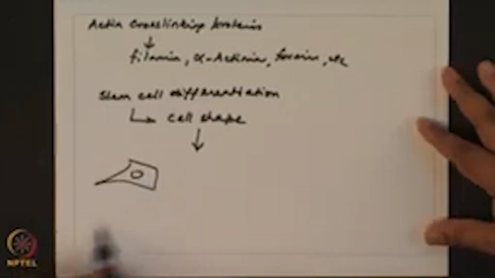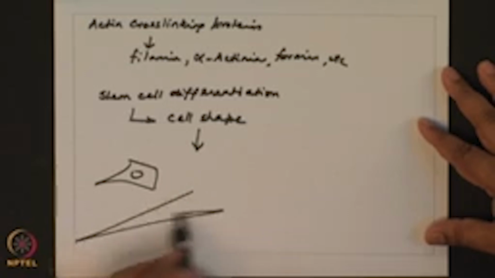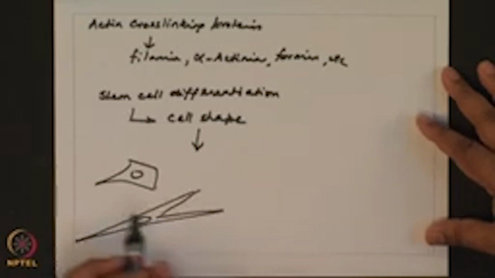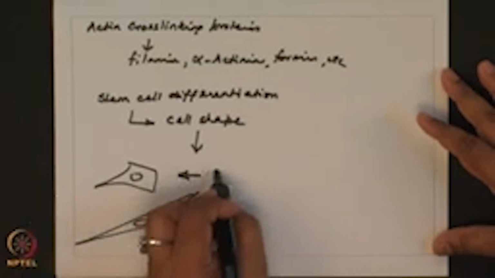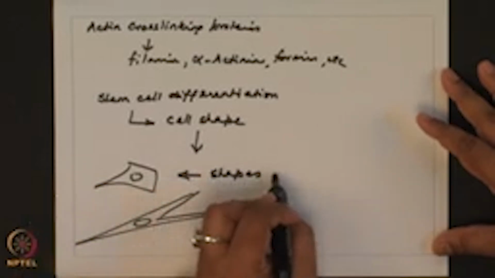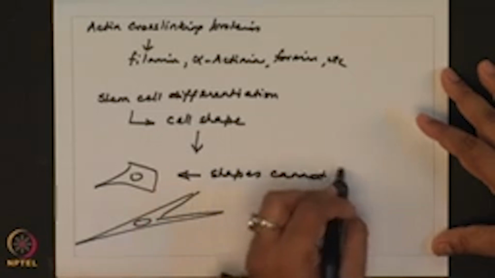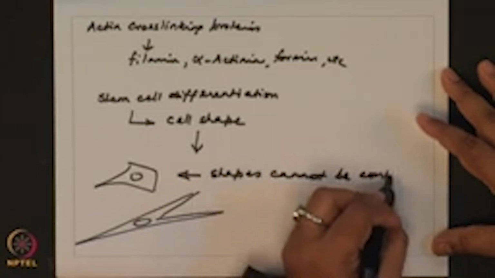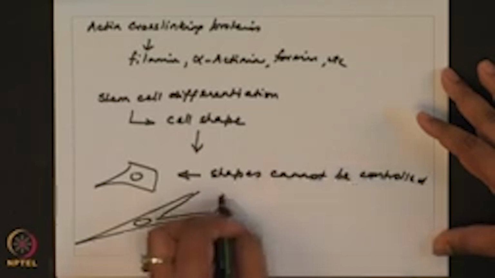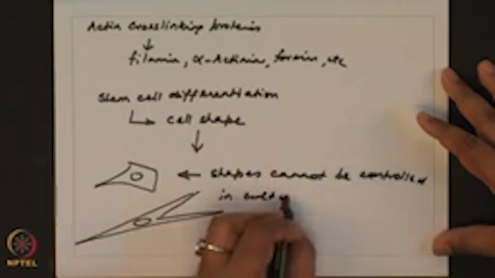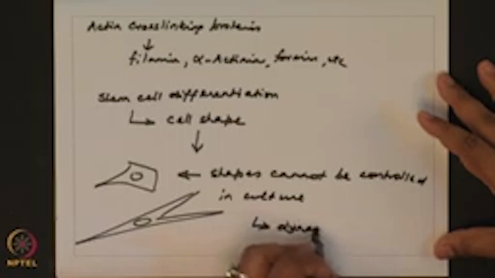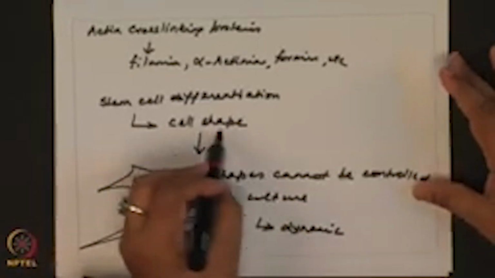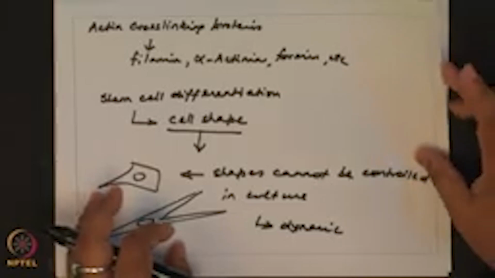This might be a standard shape of a fibroblast or this might be another cell. But this you cannot control. These kinds of shapes cannot be controlled in culture. Instead, the shape is of course very dynamic in nature. So, how do you go about controlling cell shape in a controlled manner?